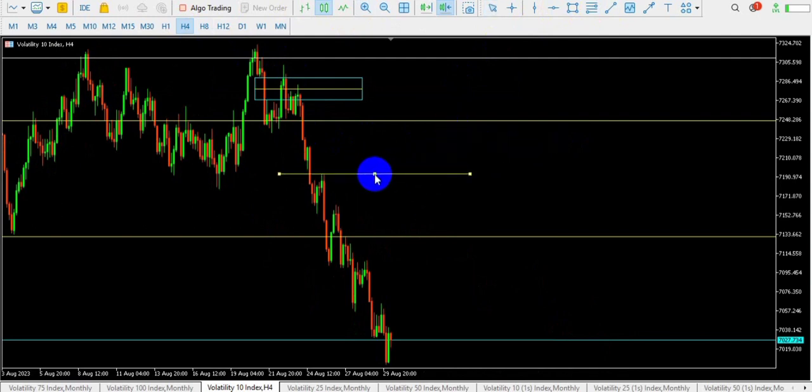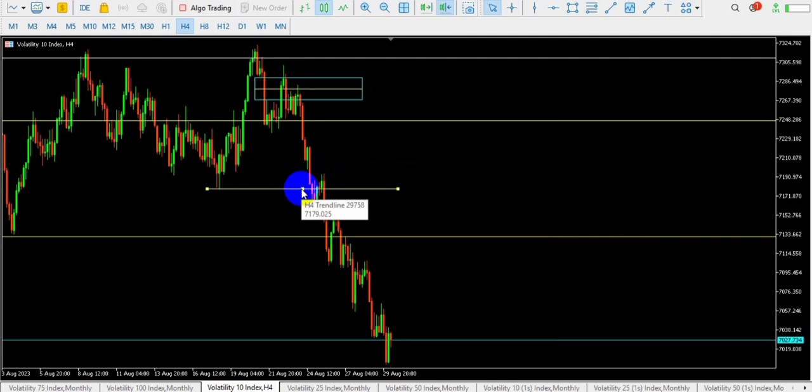what was going on. Now when this thing was breaking structures, breaking the lows, let me start with this. We know this, but let's start with this.